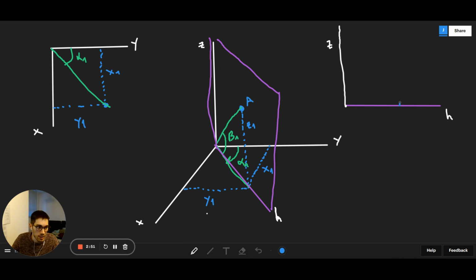It will be at a height Z1, then at an angle beta 1, and then this distance, let's say, is h1, which will be this distance here. This distance is h1.